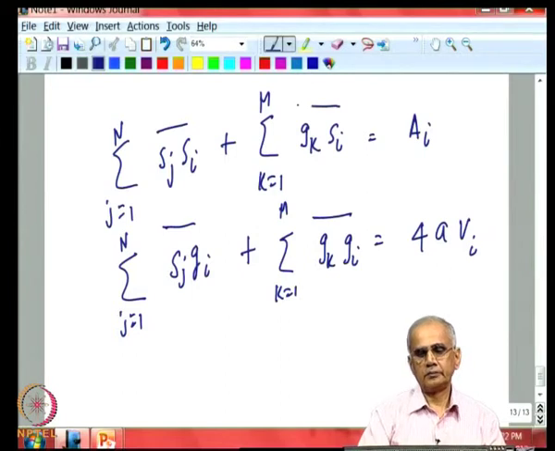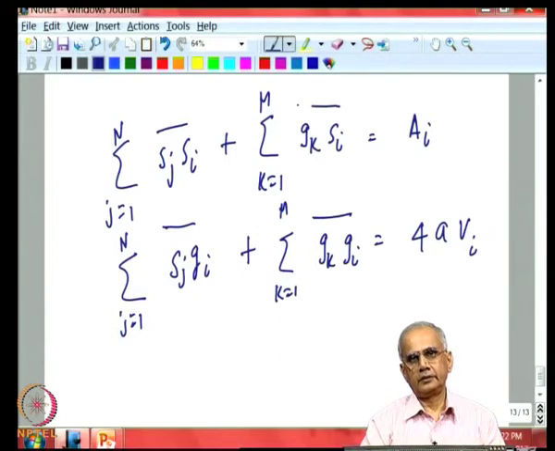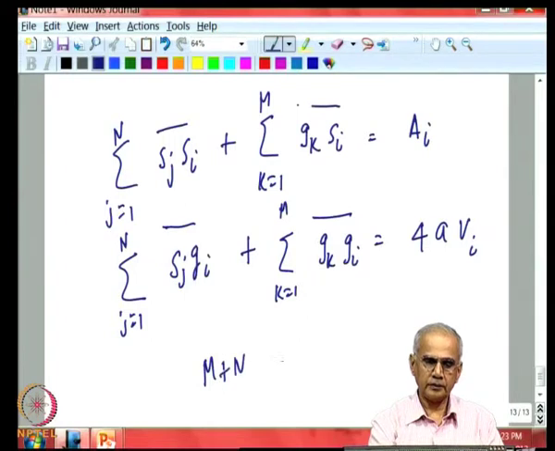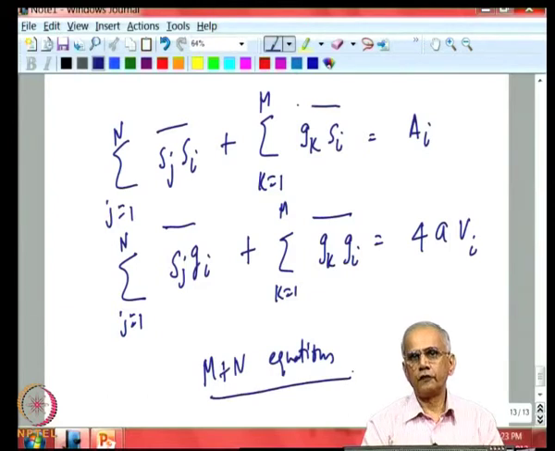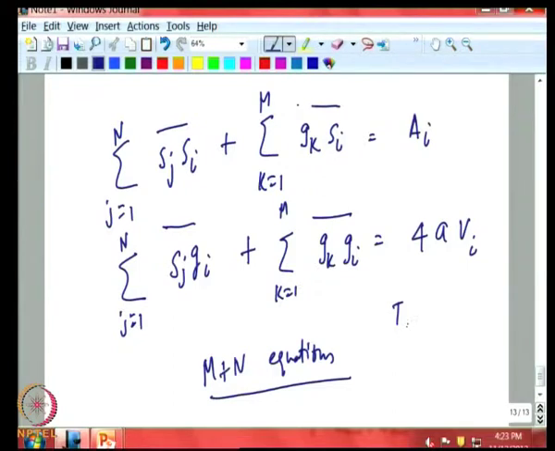So, these two equations put a constraint on the value of these exchange factors, and so you can solve for the m plus n energy balance equations and solve for all the Tj's of surfaces and Tk of gas volumes.